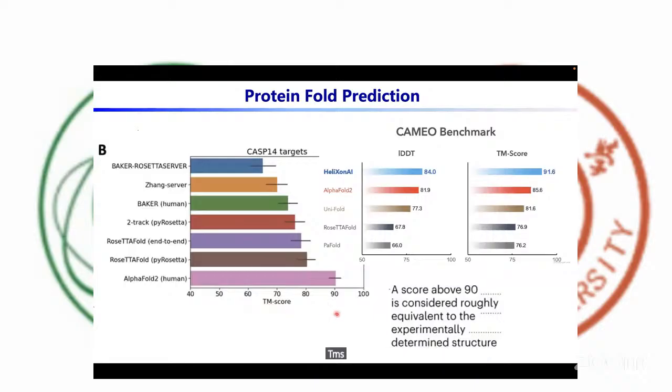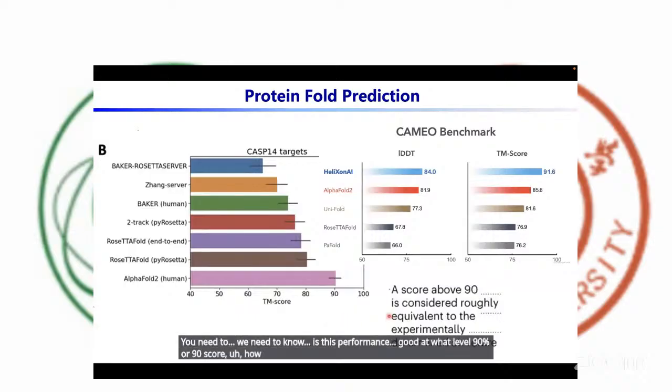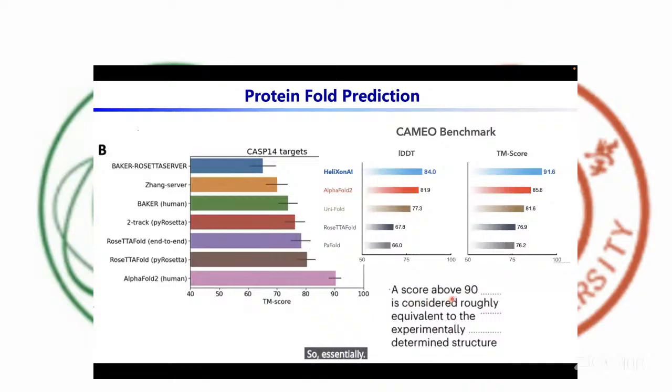For instance, AlphaFold 2, now it's AlphaFold 3 already. AlphaFold 2 has a performance around 90, like 90% or something like that. So we need to know, is this performance good, and at what level? 90 score, how good is it? Essentially, if the TM score is above 90, it is roughly equivalent to the experimentally determined protein structure.